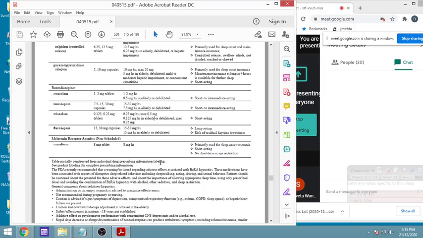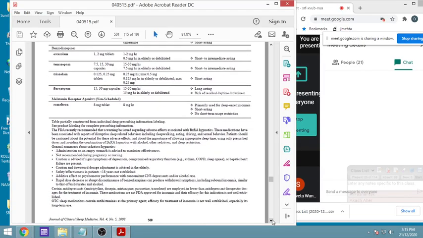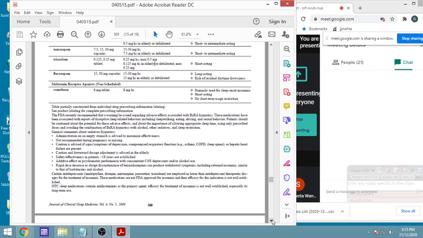Other comments are there. Administration on an empty stomach is advised to maximize effectiveness. So give it before the evening meal, wait for some time, then go for the meal, take the drug, and then one can go for sleep. Not recommended during pregnancy or nursing, because they can cause effects, particularly respiratory depression in the fetus, which can be dangerous.